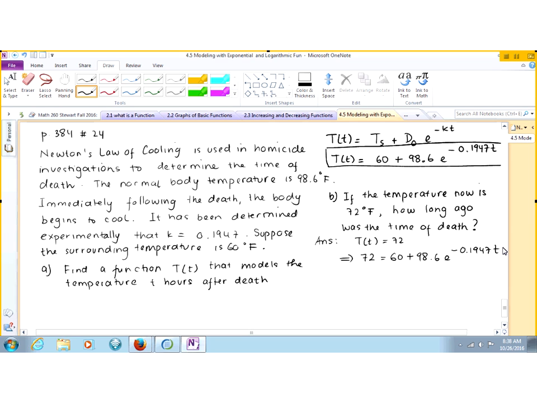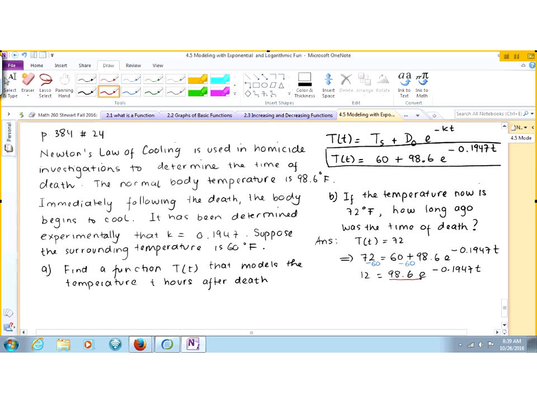What am I going to do now? You just subtract 60. So 12 is 98.6 e to the negative 0.1947 t.